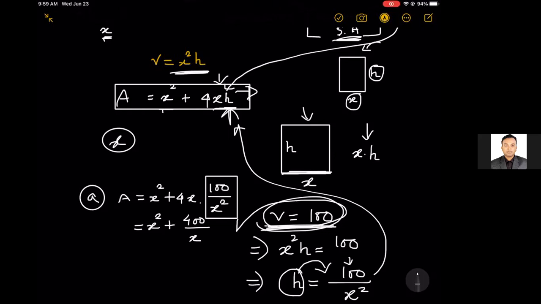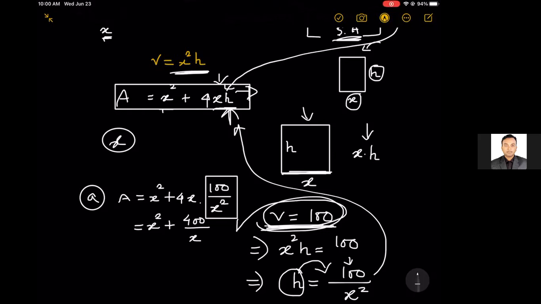First of all, does it make sense when I replace this h this way? Again, you can't memorize this because the volume might not be given. Some other things could be given. And then you can use that, solve it for h, and replace your h. So again, memorizing a certain technique might not be helpful. You just need to use the given information and then solve it for whichever variable you are trying to replace.